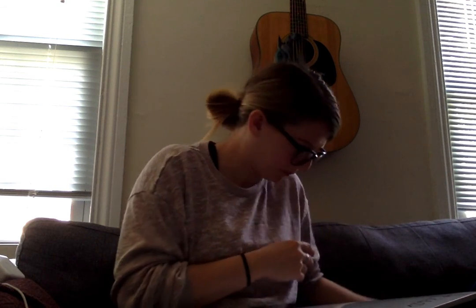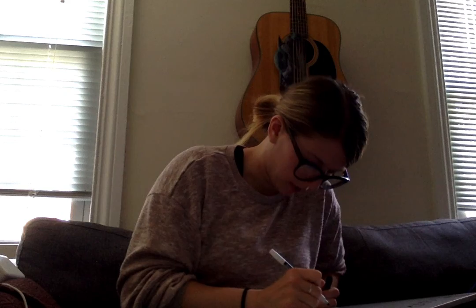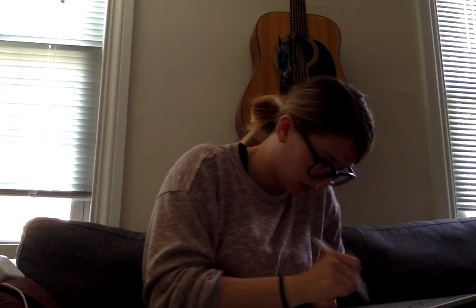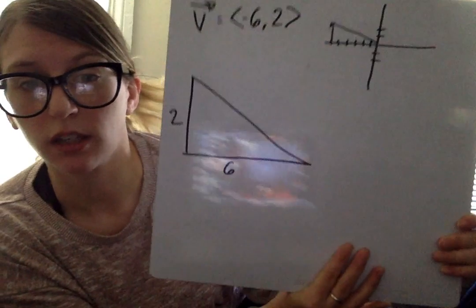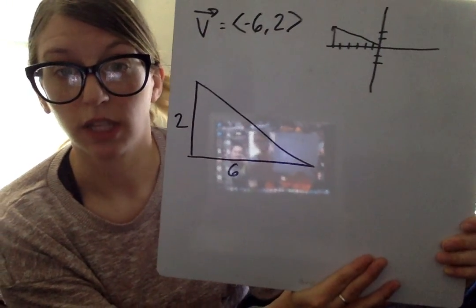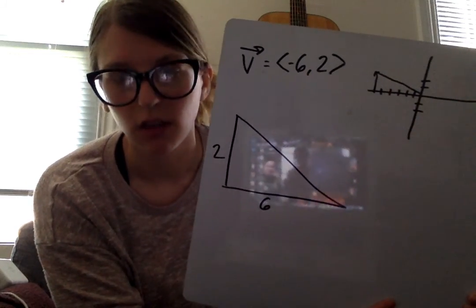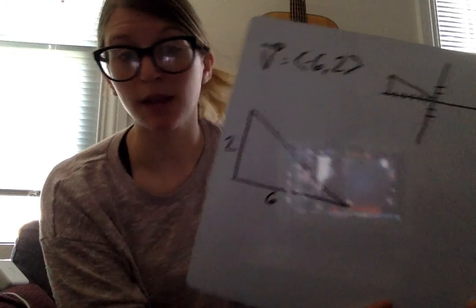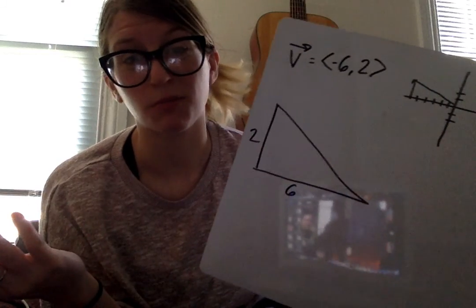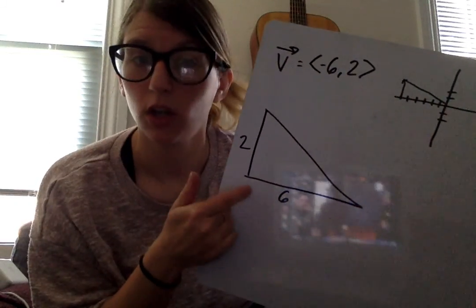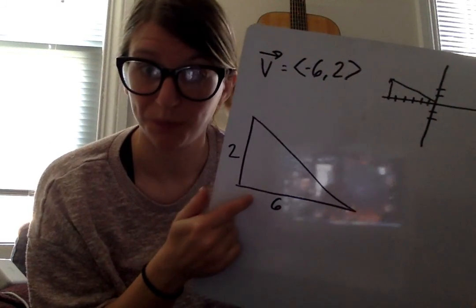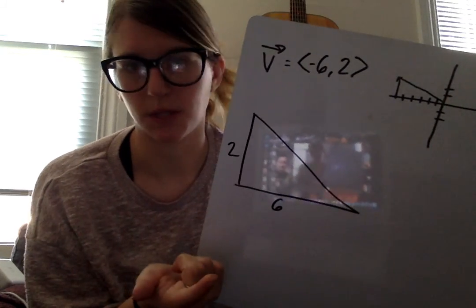Okay, so -6 here and 2 is here. Now what you may notice is that I did not write -6. It's in the negative direction, but the length is 6. Length can't be negative. It's just telling me direction by saying it's negative. So when I rewrite my triangle, I'm going to have a 6 here and not a -6.